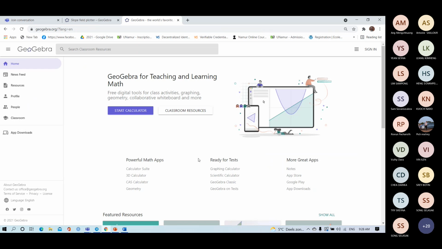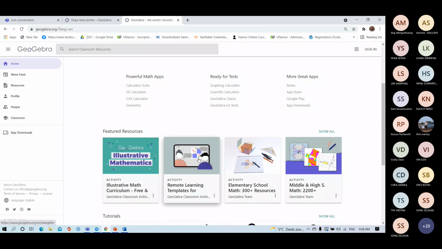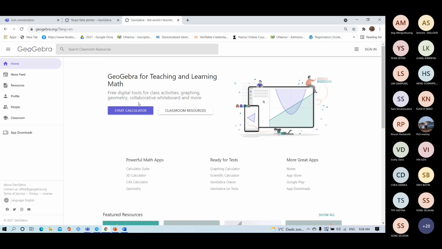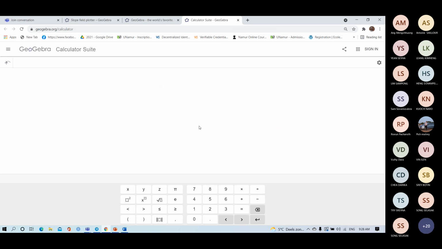You see, in our system here, you have many lectures about mathematics. You have the calculator suite, the 3D calculator, geometry, and graphing. So the application is the same. I make a start calculation.